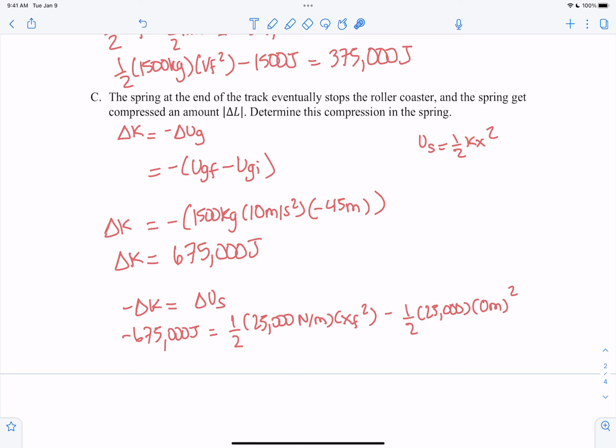I don't know why this is giving a wrong answer though. That's just what boggles my mind. But, okay.